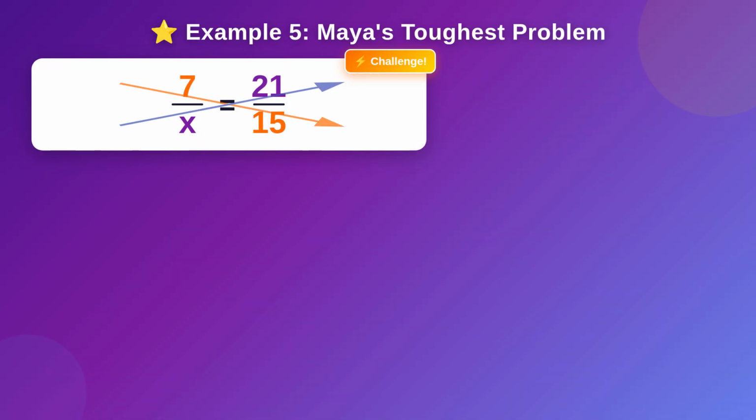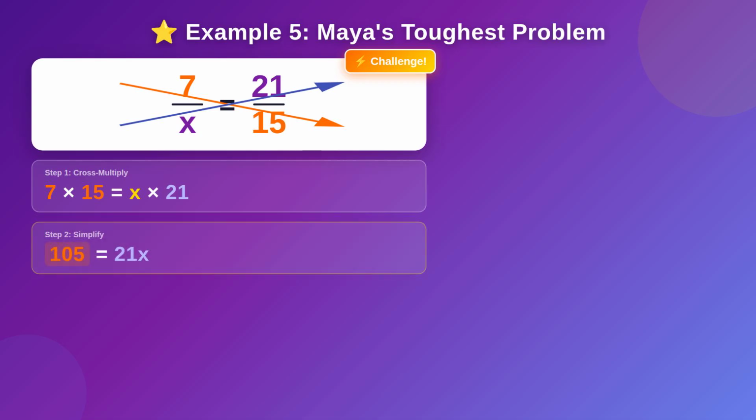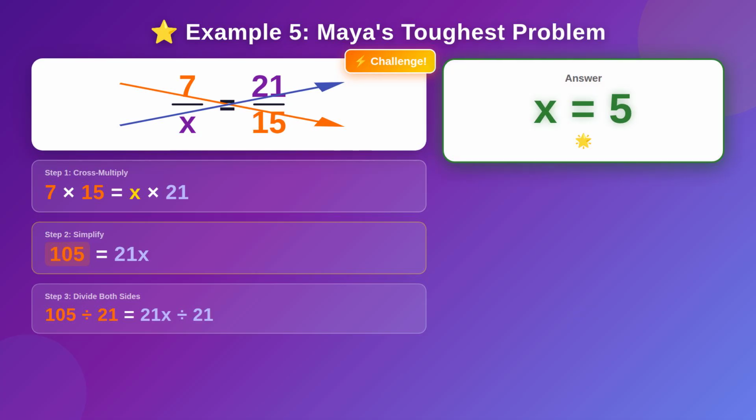Not bad at all. Here's a trickier one. The unknown is in the denominator. 7 over x equals 21 over 15. Don't panic. Cross multiplication still works perfectly. 7 times 15 equals x times 21. 7 times 15 is 105. So 105 equals 21 times x.